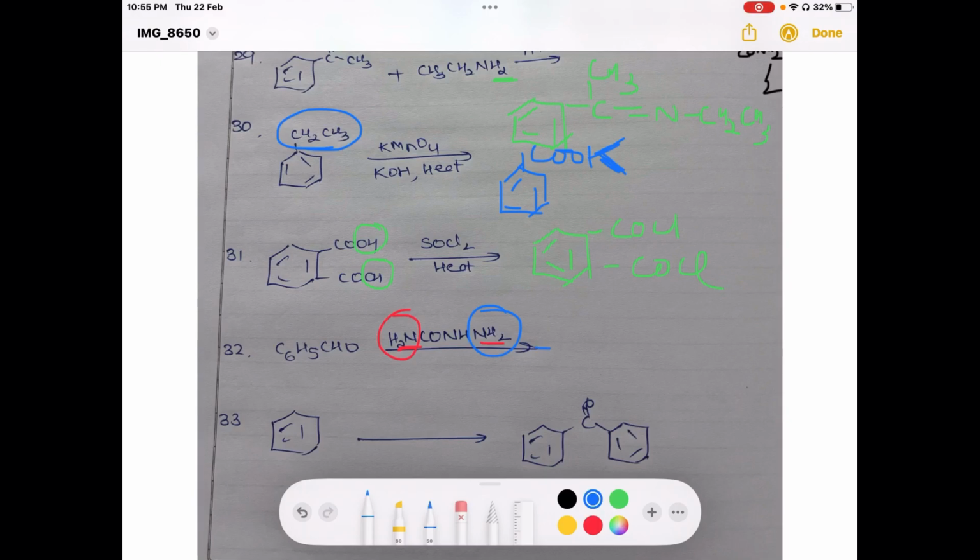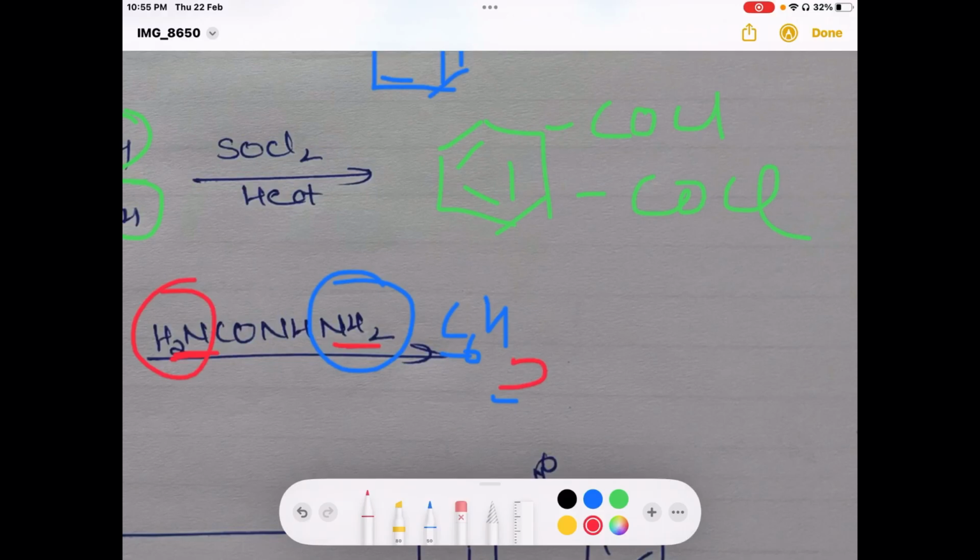So here the product is C6H5CH=N-NH-CONH2.